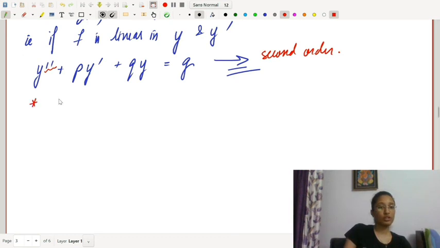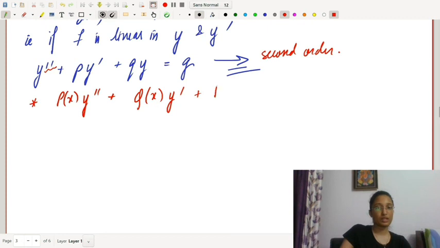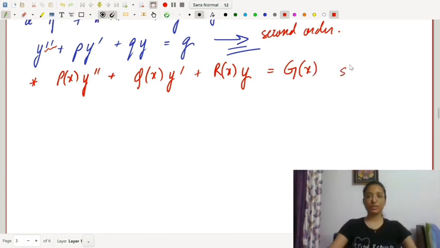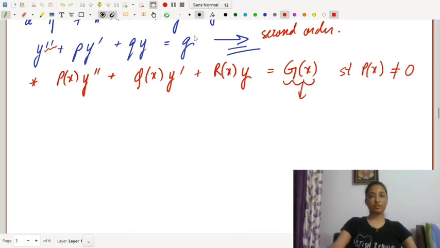It can also be written in the form p of x y double dash plus q y dash plus r y equal to g of x, such that p of x is not equal to 0. If g of x is equal to 0, then we say homogeneous, and if not equal to 0, then we say non-homogeneous.